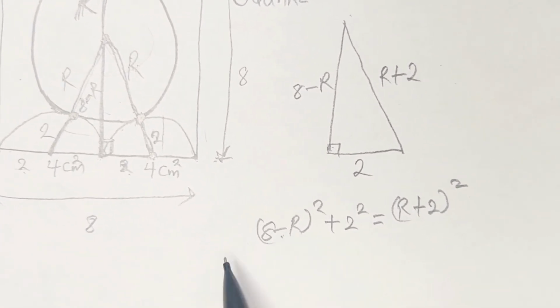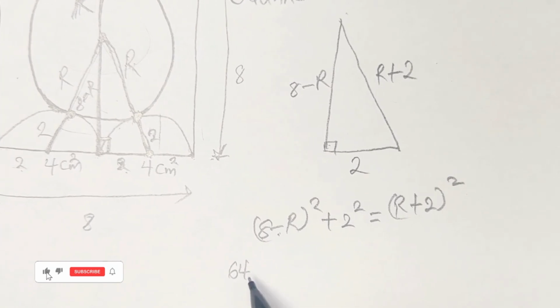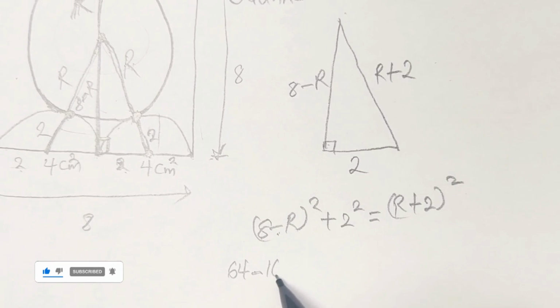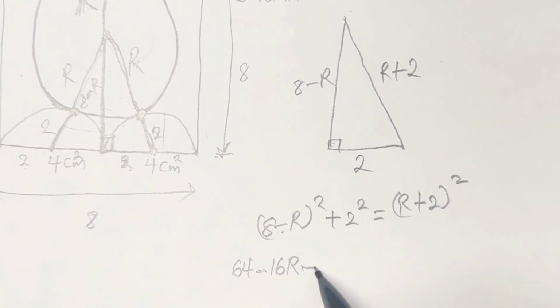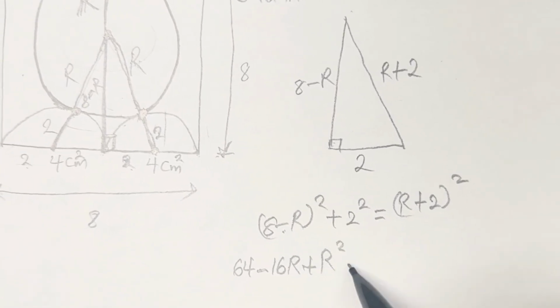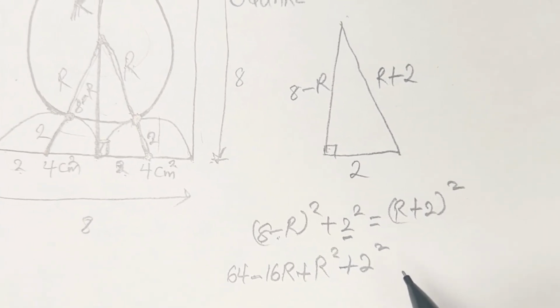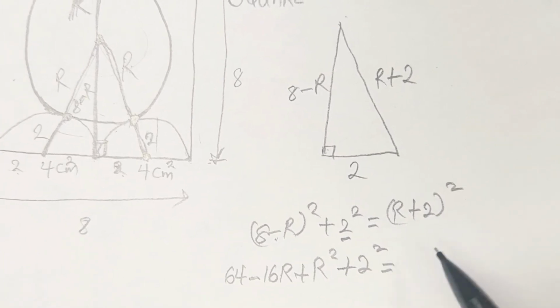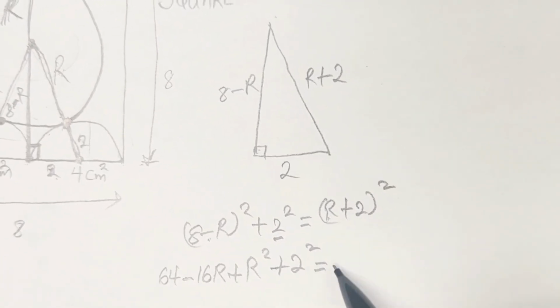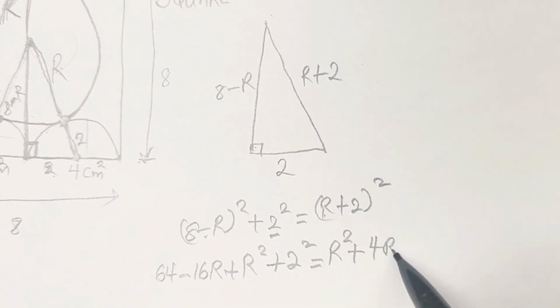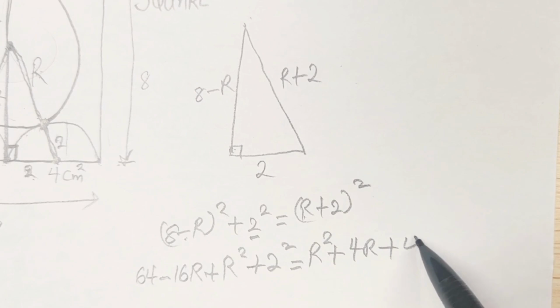So this becomes 64 minus 16R plus R squared plus 2 squared equals R squared plus 4R plus 4.